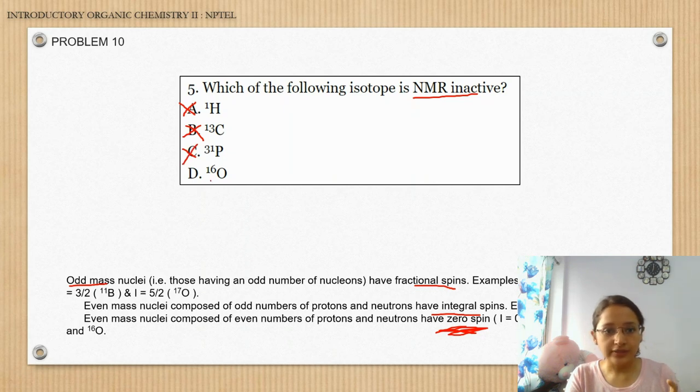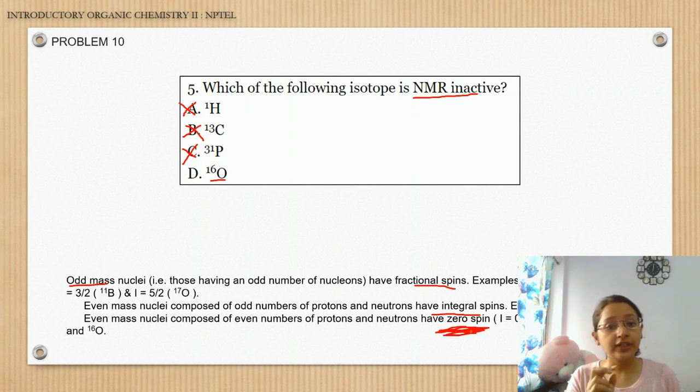Now 16O, that is oxygen. When you go for oxygen, you will get to know that the mass number is even, and the atomic number is also even, because oxygen has an even atomic number. As we have discussed, both the atomic number and the mass number are even, so we can say that it has zero spin.